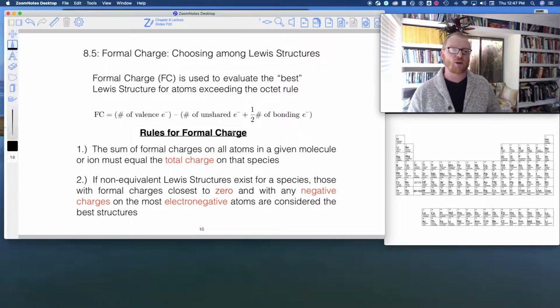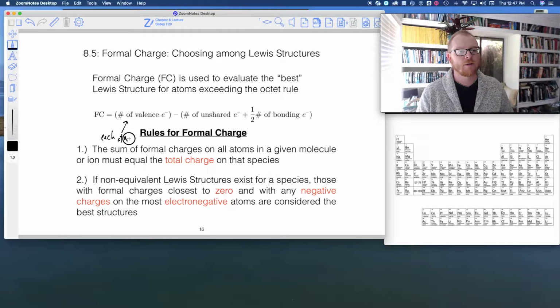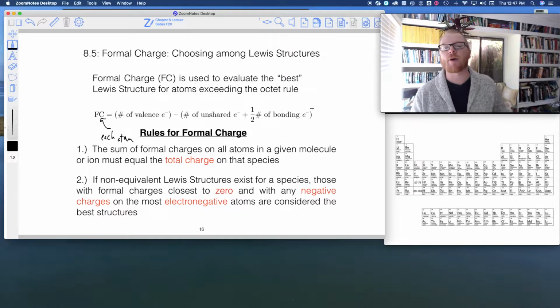Formal charge is used to evaluate the best Lewis structures, particularly for atoms exceeding the octet rule, okay? The equation goes: the number of valence electrons, and we do this formal charge for each atom, just its number of valence electrons that we get right off the periodic table, minus the number of unshared electrons plus 1/2 the number of bonding electrons.